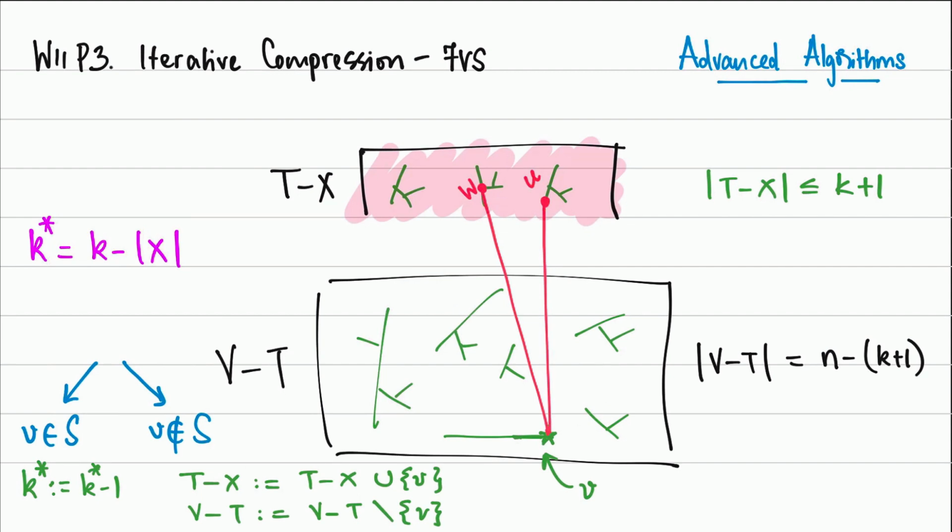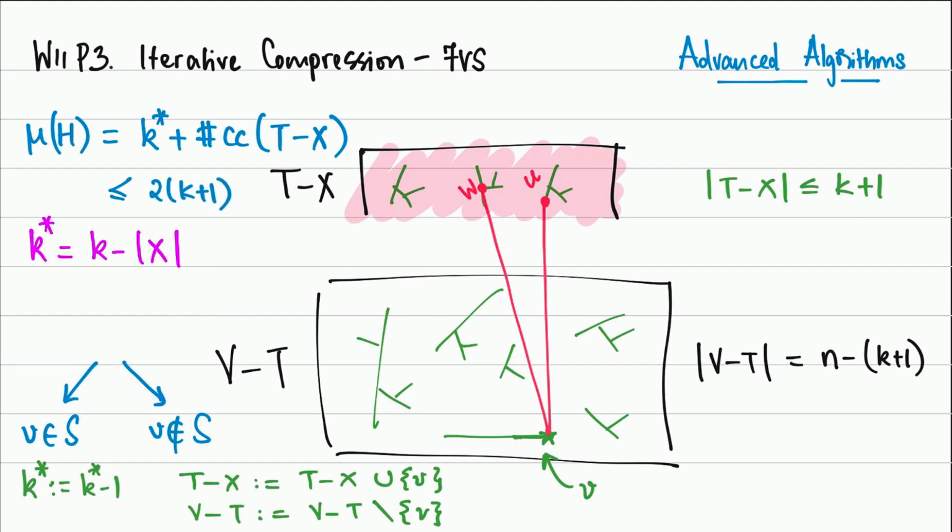So let's consider the measure defined by, so let's say we're looking at the instance H. Let's define the measure as the budget plus the number of connected components in T minus X. We know that overall this measure to begin with is bounded by 2K plus 1, because we know that K star, our remaining budget, is at most K, and we also know that the number of connected components in T minus X is at most K plus 1.